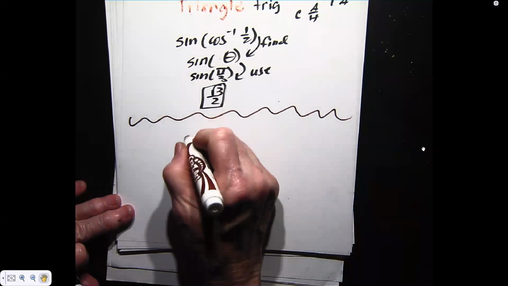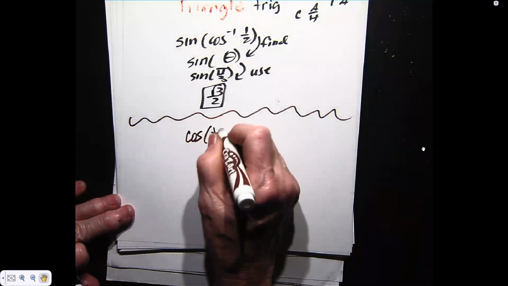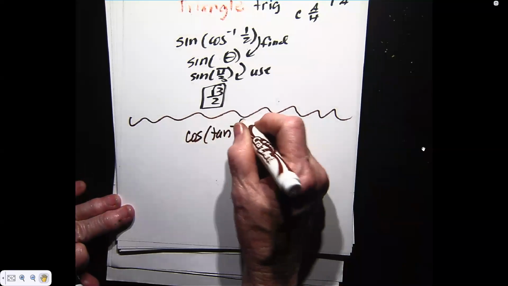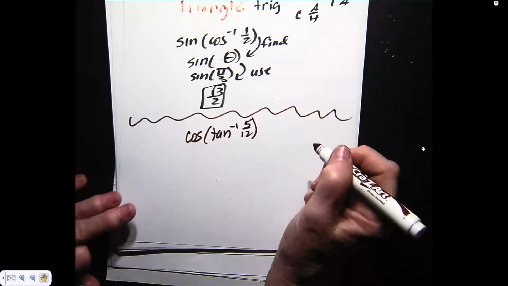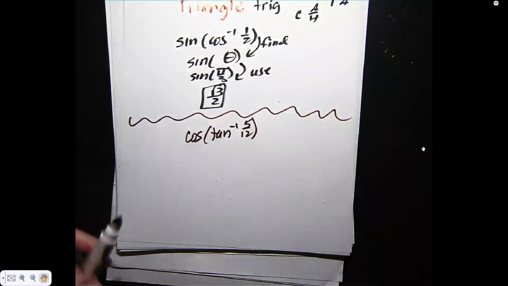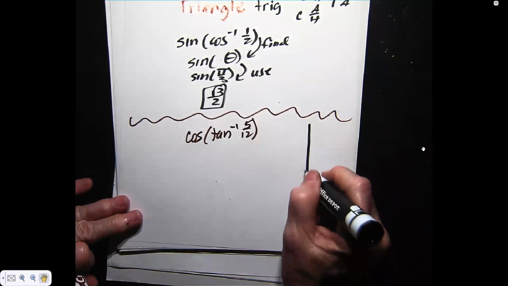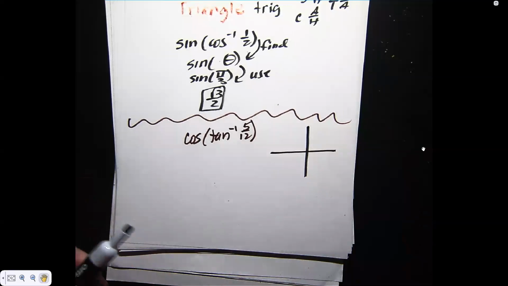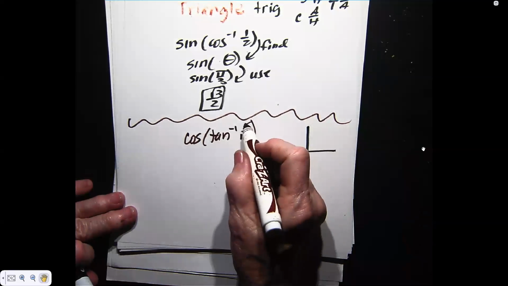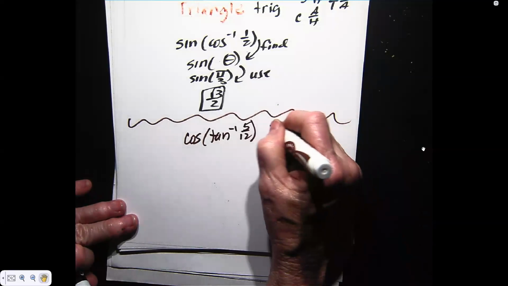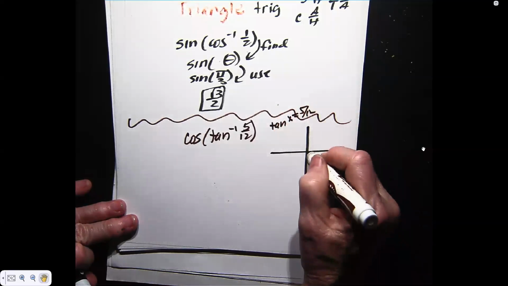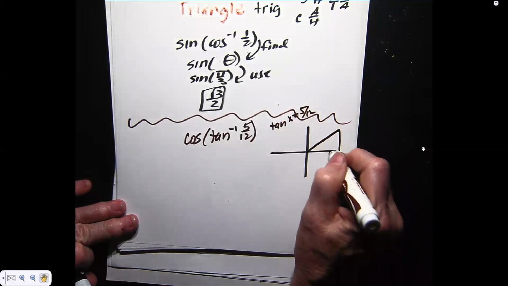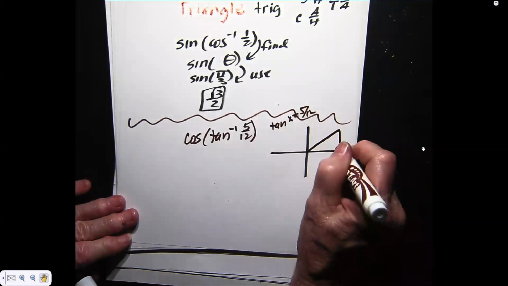If I said I wanted the cosine of the tangent inverse of 5 over 12, I'm going to draw a triangle. Remembering that the tangent inverse of 5 over 12 is the same as saying the tangent of what equals 5 over 12, I can draw a triangle in quadrant 1.